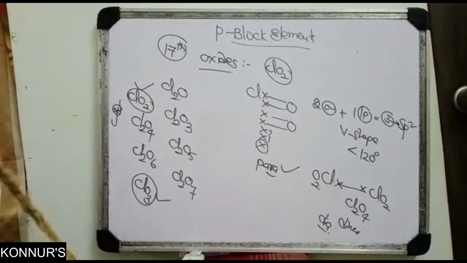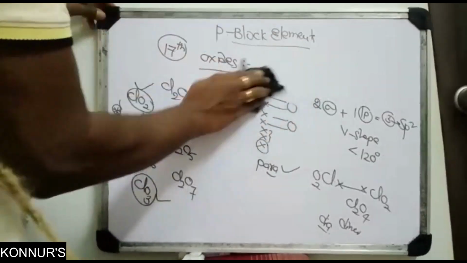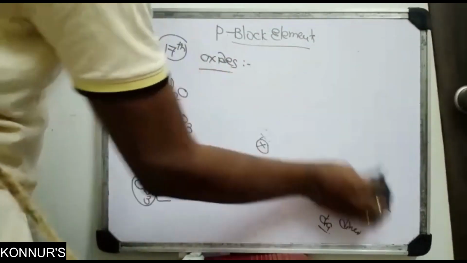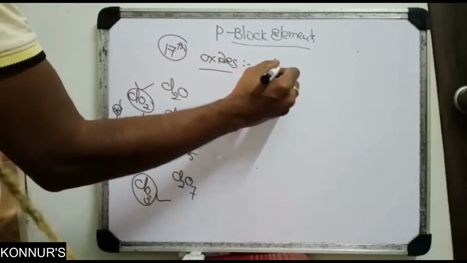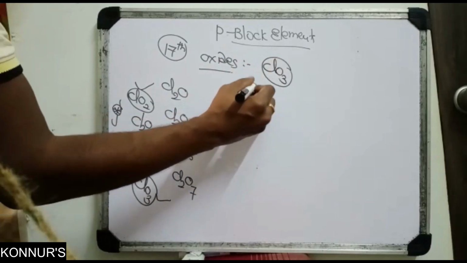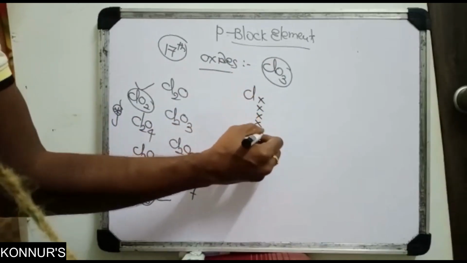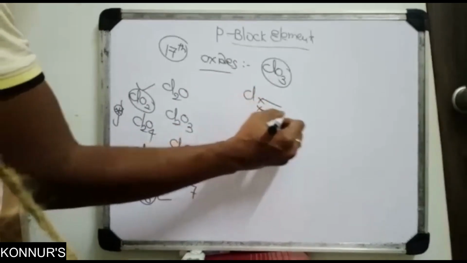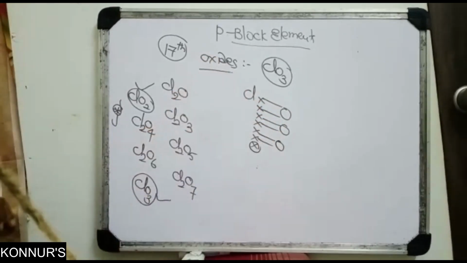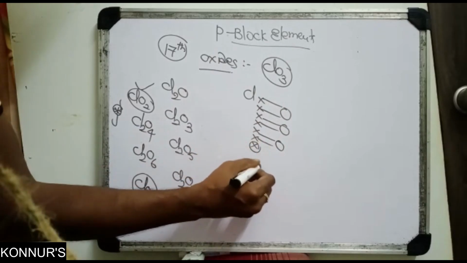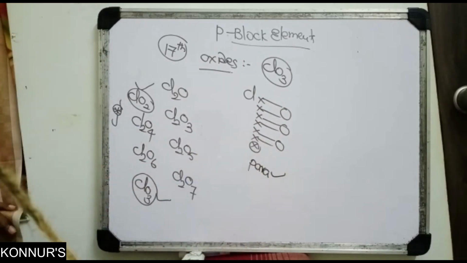So similarly, ClO3. Chlorine 1, 2, 3, 4, 5, 6, 7. 1 oxygen, second oxygen, third oxygen, 1 electron. Because of the unpaired single electron, it shows paramagnetism.